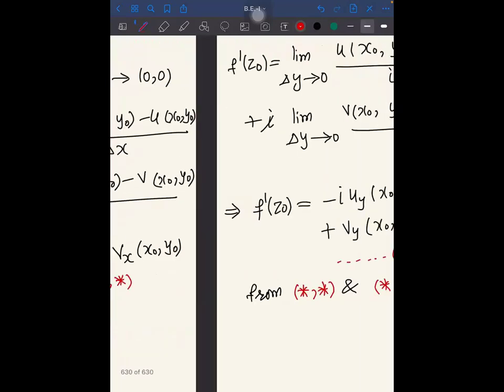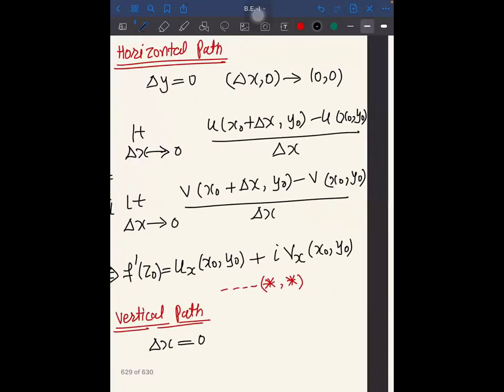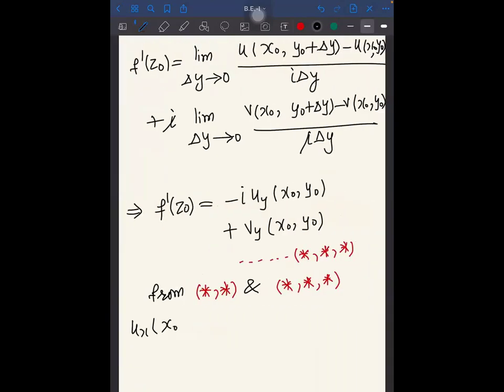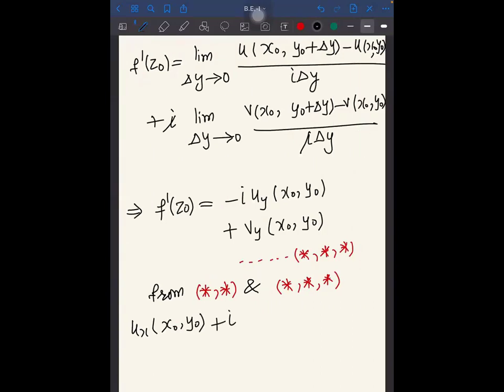So that means u x at x naught y naught plus iota v x at x naught y naught should be equal to v y at x naught y naught minus iota times u y at x naught y naught.